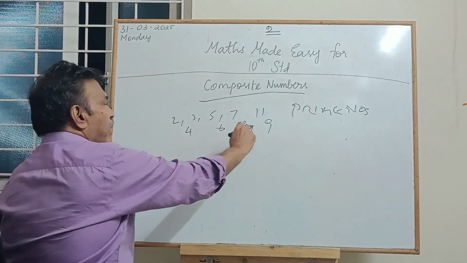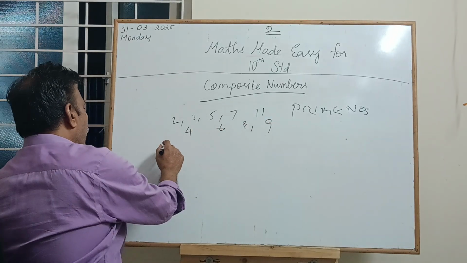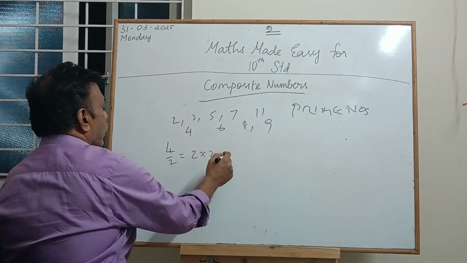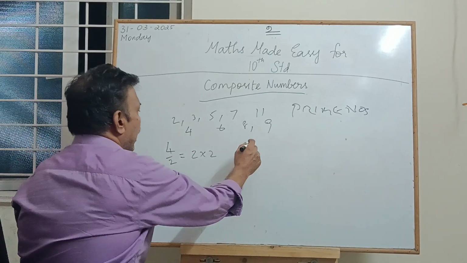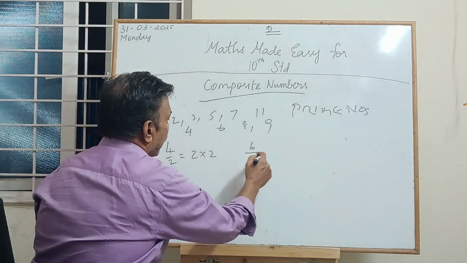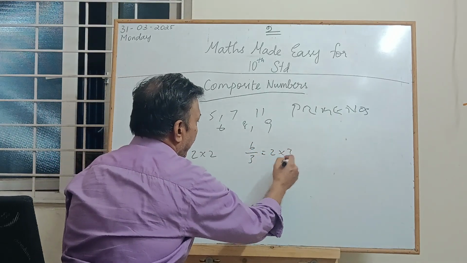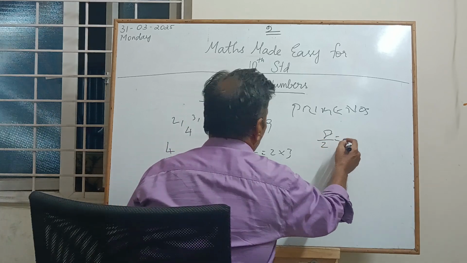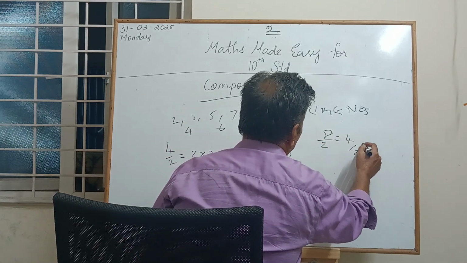These numbers can be divided. That is, 4 can be divided by 2, that is 2 into 2. 6 can be divided by 3, that is 2 into 3. Likewise 8 can be divided by 2, 4, again 4 can be divided by 2.